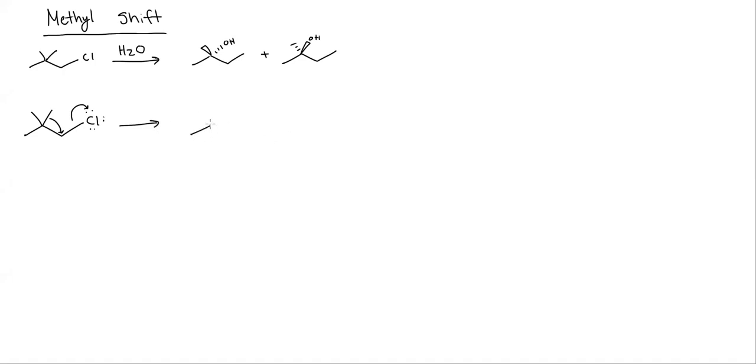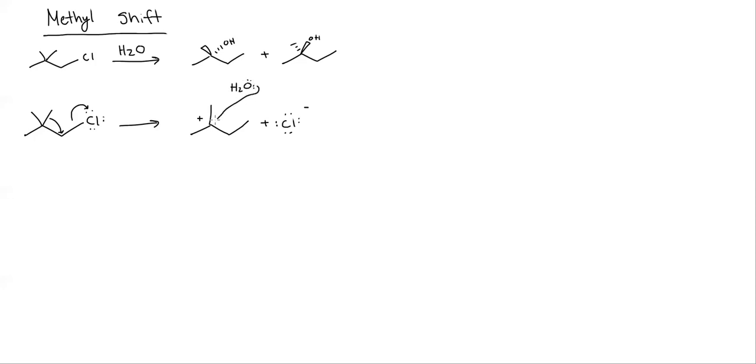So now, what do I get? Well, leaving group left, right? So now I have an extra methyl here, and leaving group left, right? So I'm going to draw my chlorine with a negative charge here. And then I just have one methyl here, right? So this lost a bond. So now this has a +1 charge right here, okay? So now it's just going to continue as normal, right?